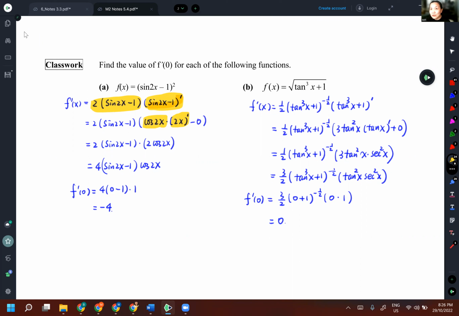And the answer is -4. This one, this is dy du, and then du dx. Now the inside, you also have a dy du, and then du dx.